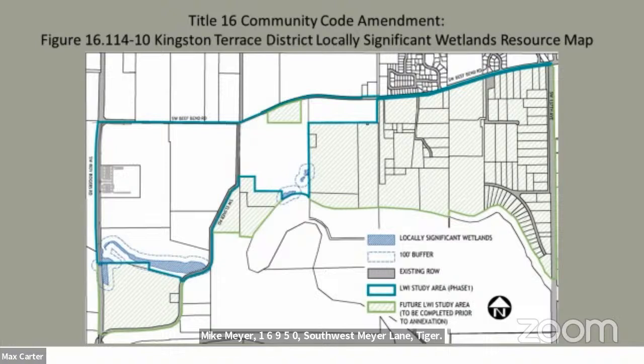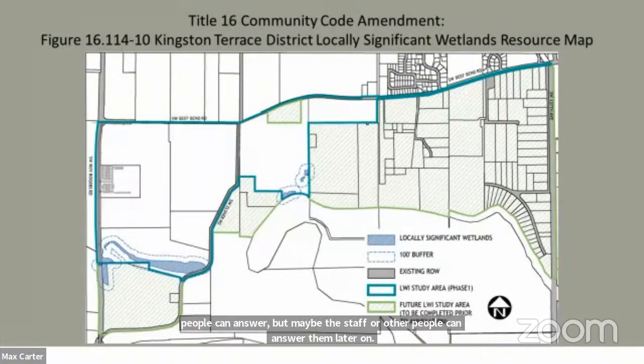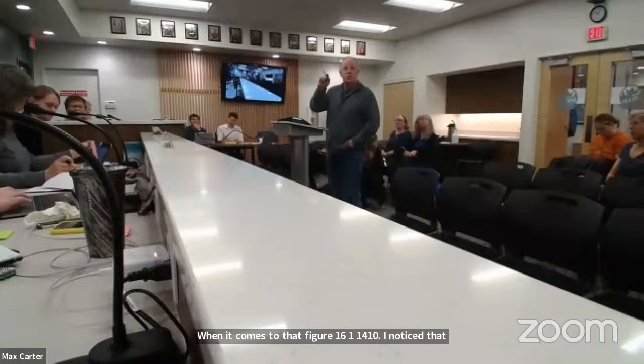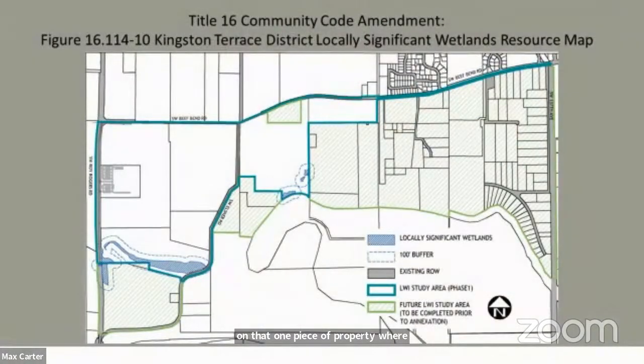I wasn't really planning on talking about LWI, I just had a few questions that maybe I can pose. I know you can't answer, but maybe the staff or other people can answer them later on. When it comes to that figure 11410, I noticed that on that one piece of property where the significant natural resources map is identified in that center section, right along the river, to the east of that there's no LWI area.